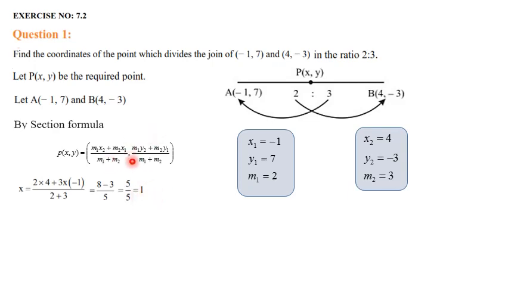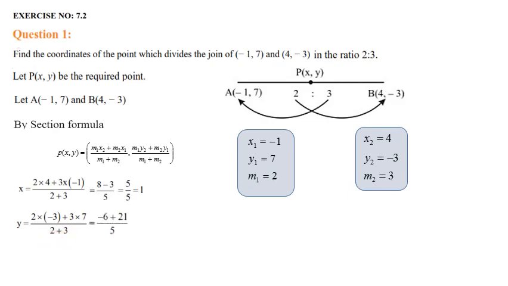Now we move on to the y coordinate of point P. The y coordinate is m1 y2 plus m2 y1: m1 is 2, y2 is -3, so 2 into -3, plus m2 which is 3 into y1 which is 7, divided by m1 plus m2, that is 2 plus 3.